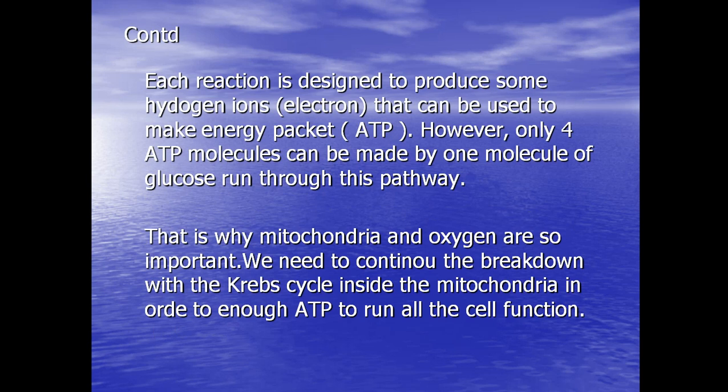Now, each reaction is designed in such a way that it should be able to produce some hydrogen ions or electrons that can be used to make energy packets or ATP. Here only 4 ATP molecules can be made by one molecule of glucose run through this pathway. Only 4 molecules.